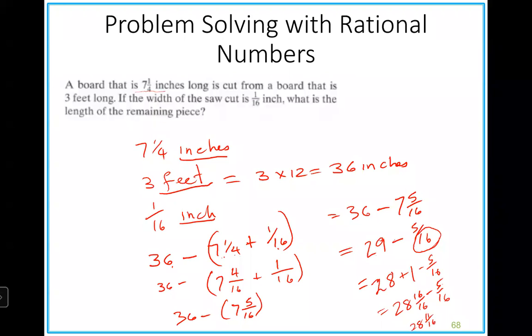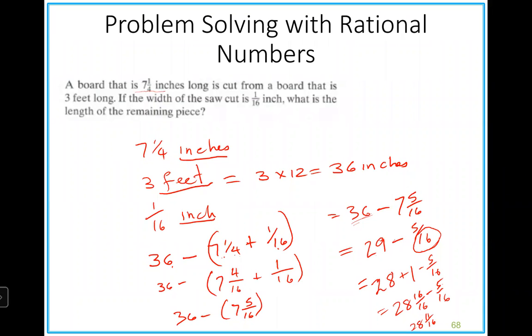Now, of course, there are other ways to do it. I was trying to avoid going through finding the LCM and all of that, but we could also do it that way, where you change this 36 into a fraction.